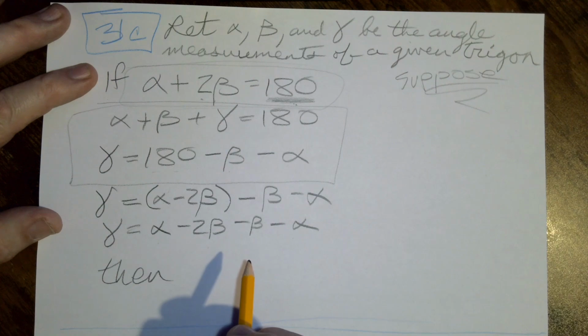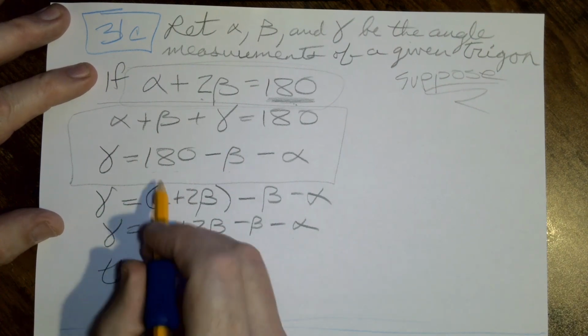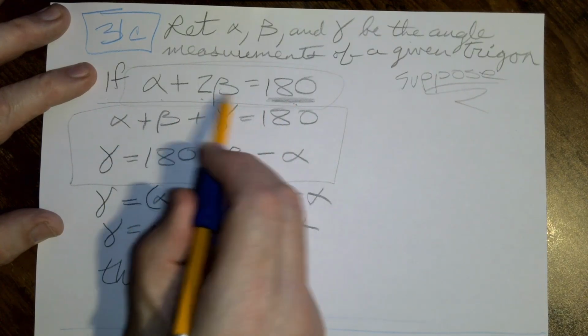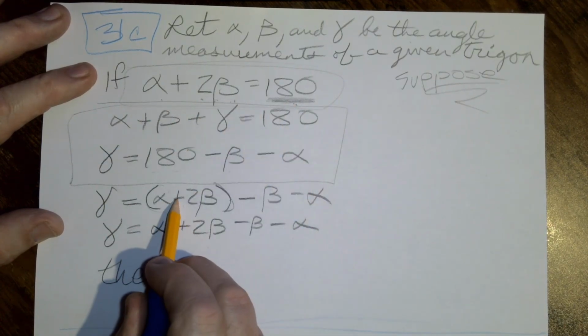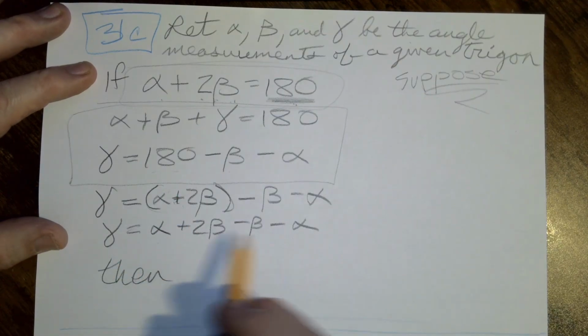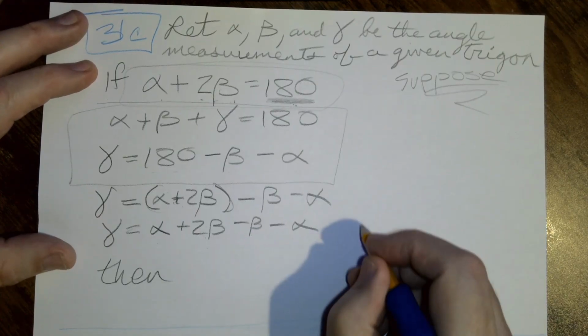And we have 180 is alpha plus 2 beta, so plus 2 beta goes there. And we have 2 beta minus another beta is just beta.